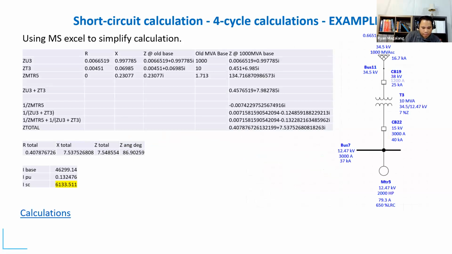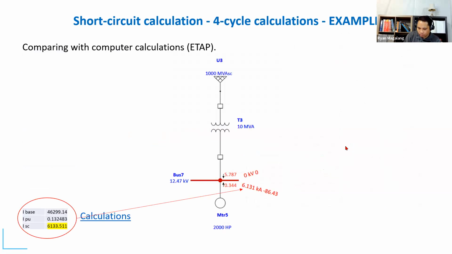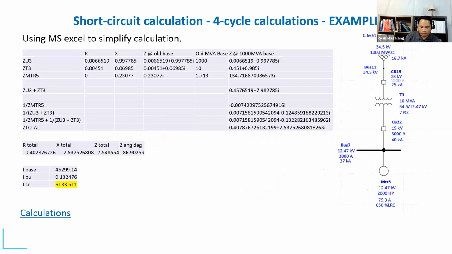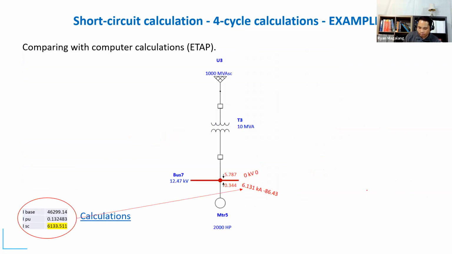Same idea, but just notice that during half cycle, there is 515 amps, 0.515 kA contribution from the motor. Now that we're in the 4-cycle network, this is now 344.